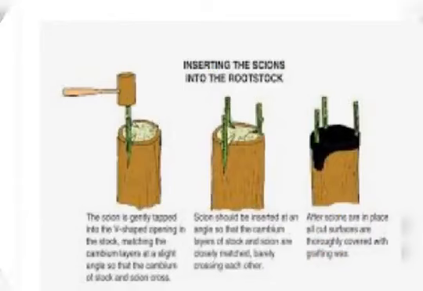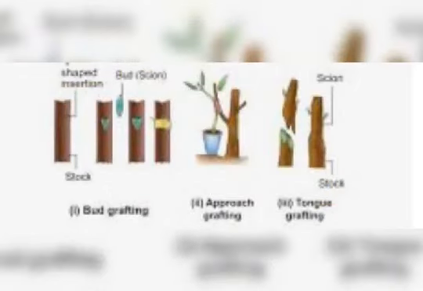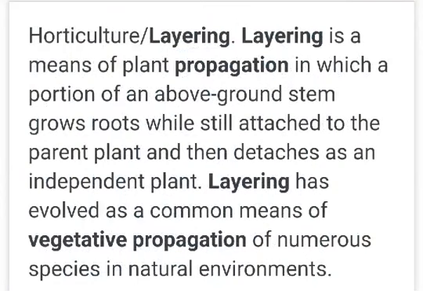And the place where the stone is kept, you find roots growing. Once the root is grown, the branch which is bent is cut, so that the plant grows separately, and the newly formed root grows into another plant. We call this kind of thing mound layering.